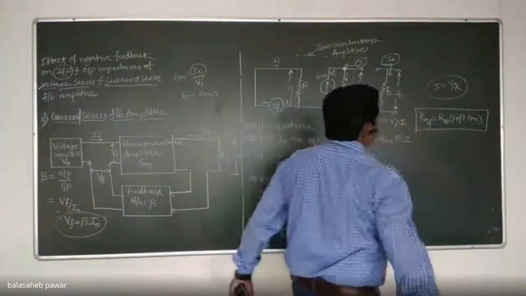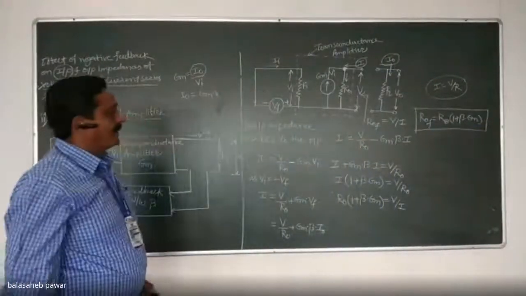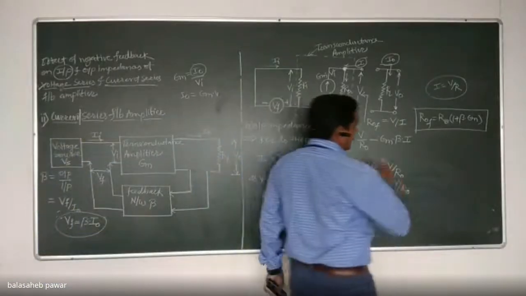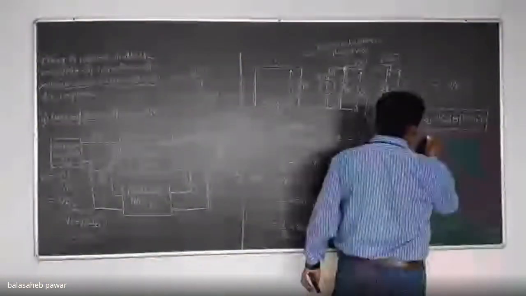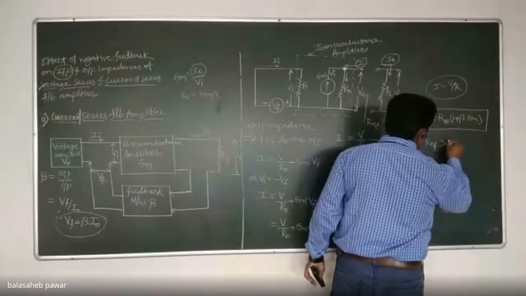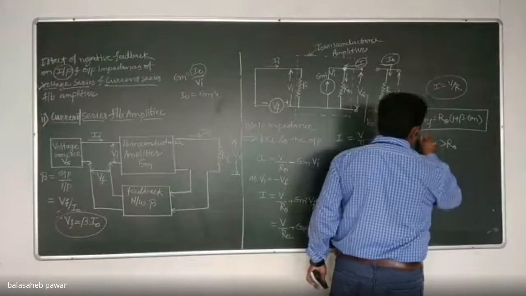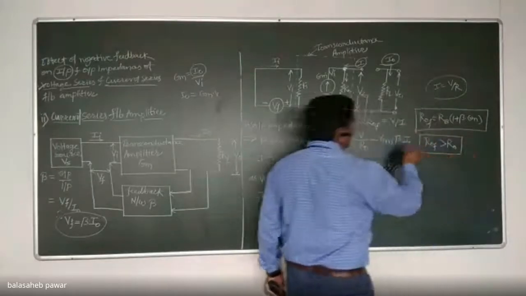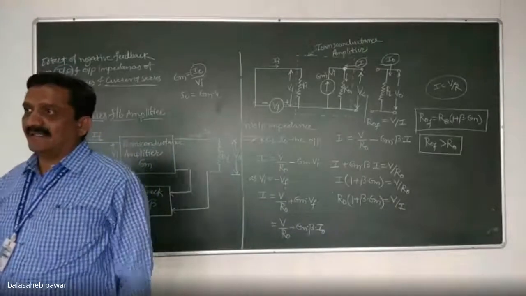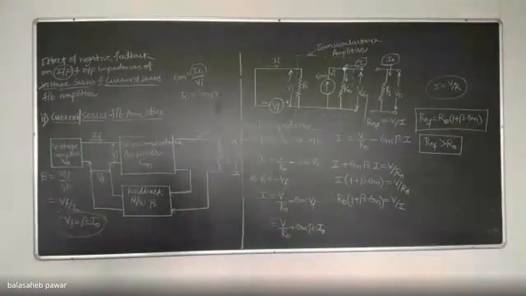Is it clear? So you will observe that output impedance also gets increased, and whatever we discussed before the derivation part, we obtained it. That is, output impedance with negative feedback gets increased in case of current type of sampling, and the same sampling is there in this topology, as it is a current series feedback amplifier. So what did you understand?